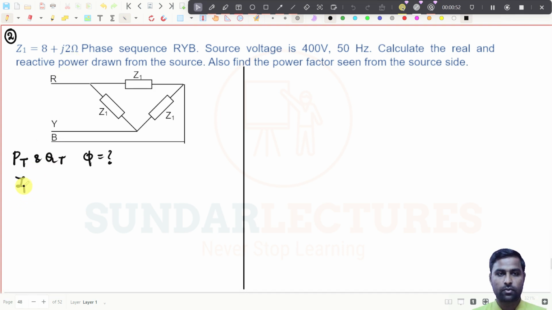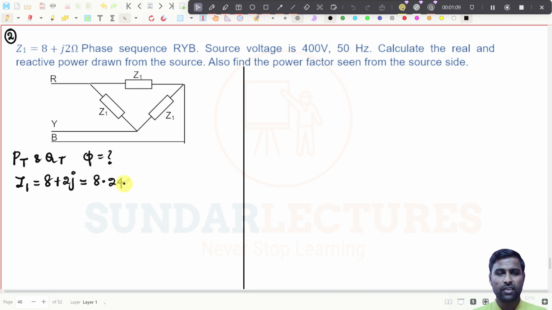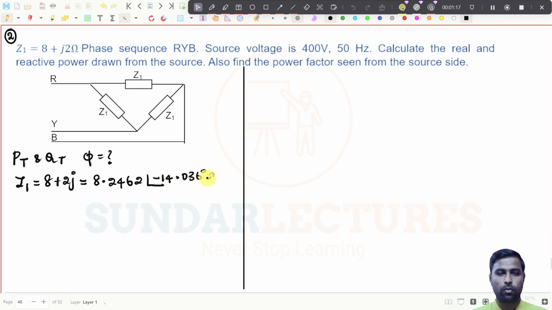Z1 is 8 plus 2j, or you can convert this into polar form. If you convert this, you will get 8.2462 at an angle of minus 14.036 degrees ohms.